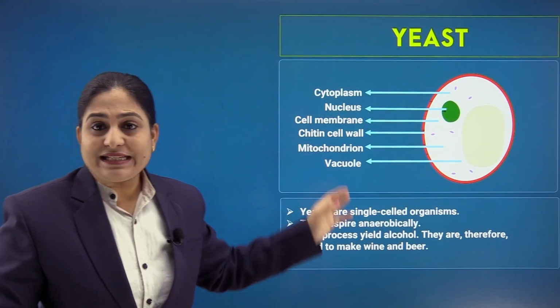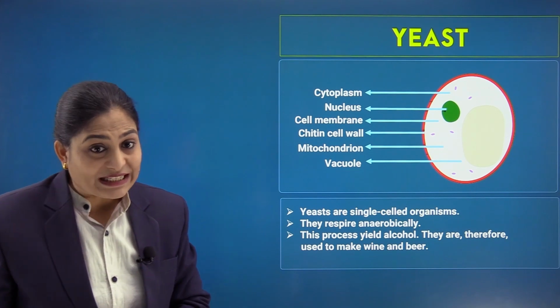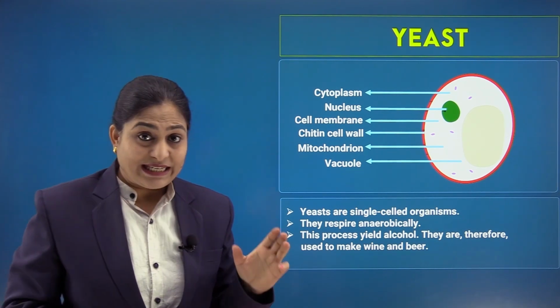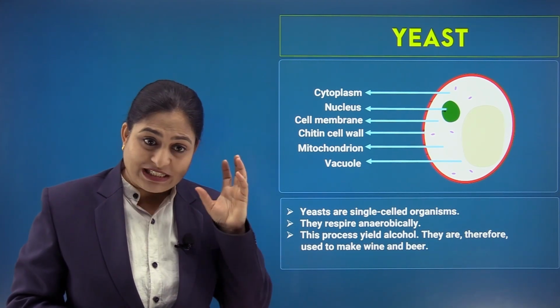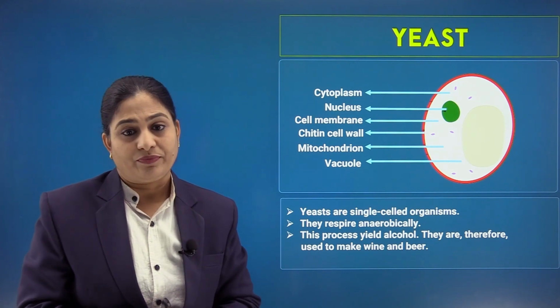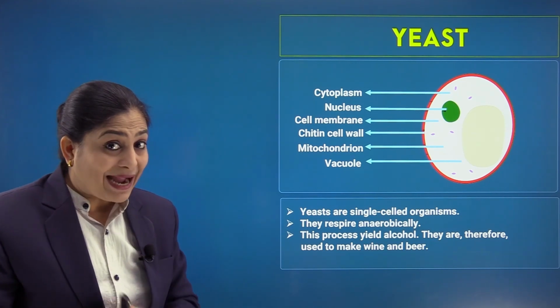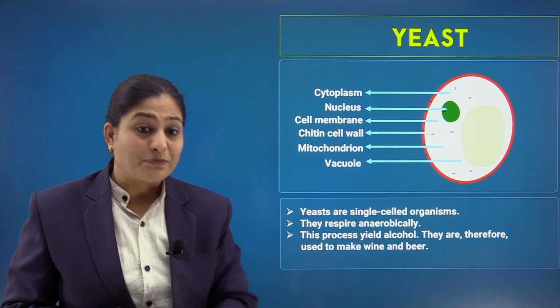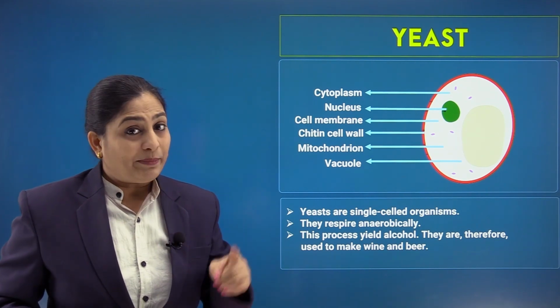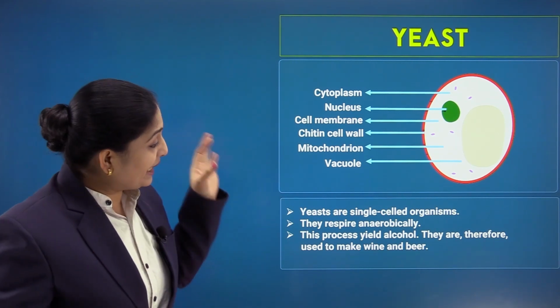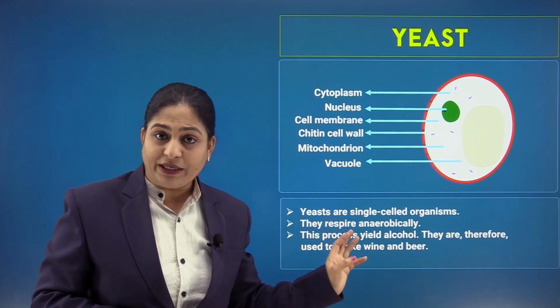Now let us see an example, and here we talk about yeast. We have discussed yeast in previous chapters also, which is a single celled organism. And this yeast, my dear students, respires anaerobically. That means the mode of respiration in yeast is anaerobic respiration.